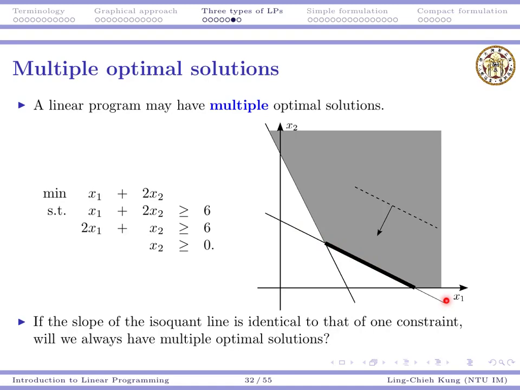The question is: if the slope of the isoprofit line is identical to one of the constraints, will that always give us multiple optimal solutions? That means if you have identical slopes for constraints and the objective function, do you always have multiple optimal solutions? Challenge yourself by thinking about this.